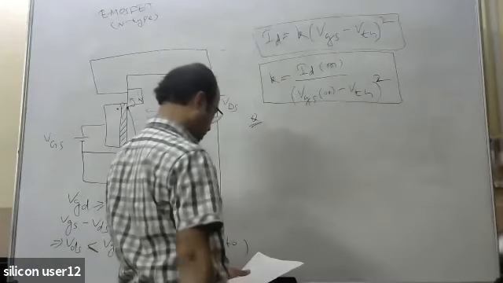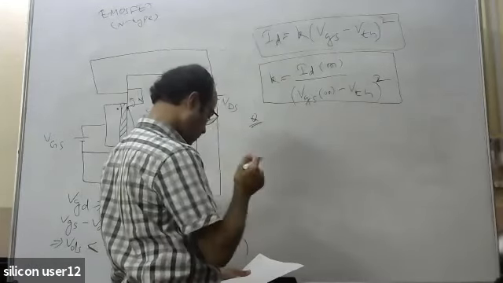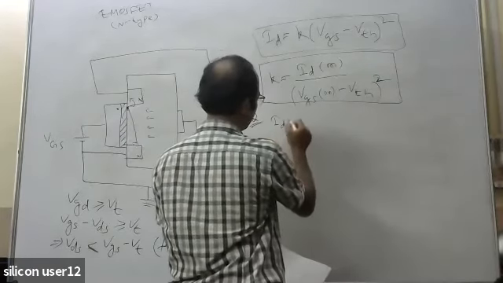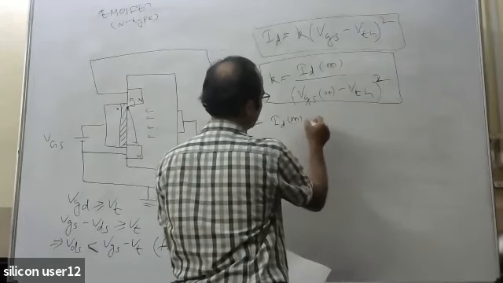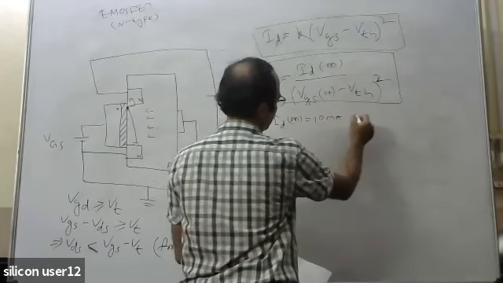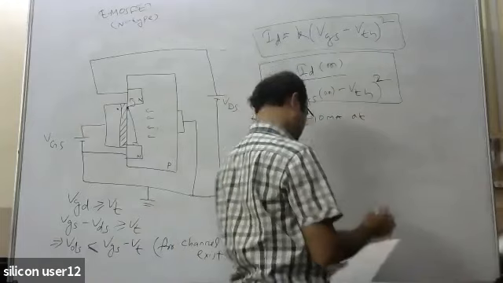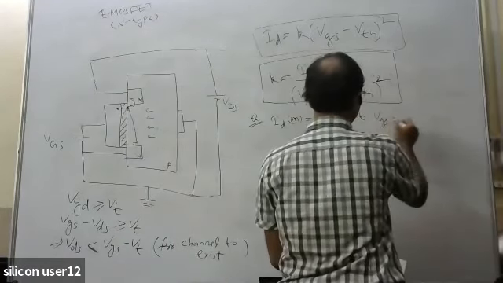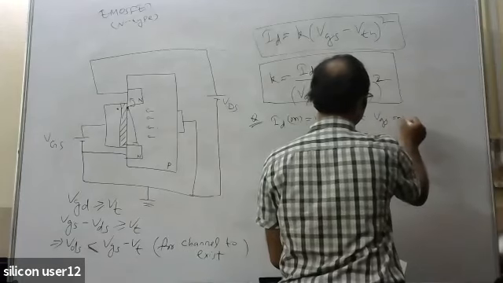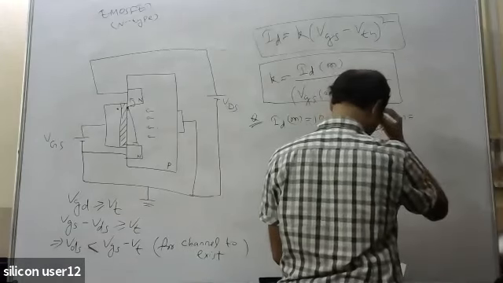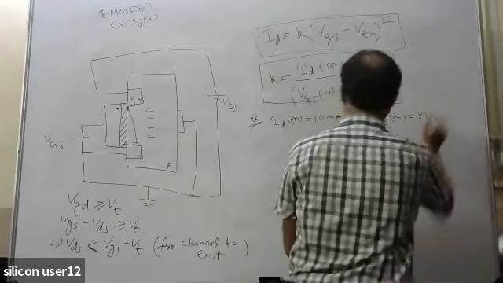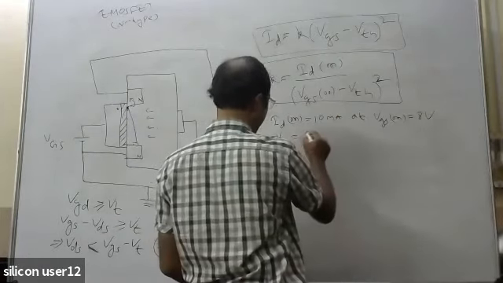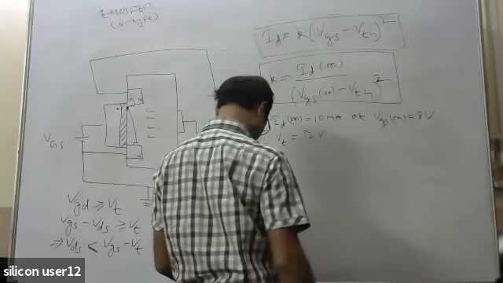Question. Let us say ID on is 10 milliampere at VGS on equal to 8 volt, and VT is given as 2 volt.